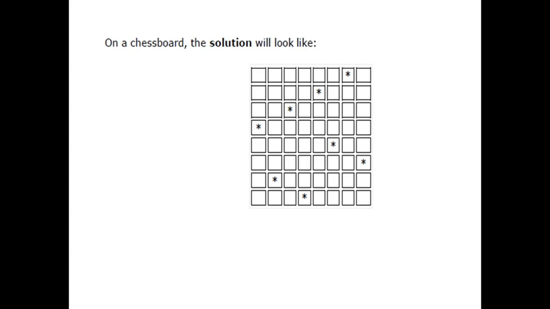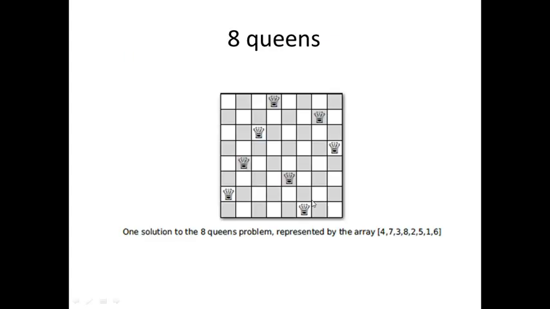Okay, and the solution will look like this. The final solution on a chessboard for the 8 queens problem shows a possible arrangement without any attacking position, and the solution array is 4, 7, 3, 8, 2, 5, 1, 6. That means first row, 4th column, queen 1; second row, 7th column, queen 2; third row, 3rd column, queen 3.